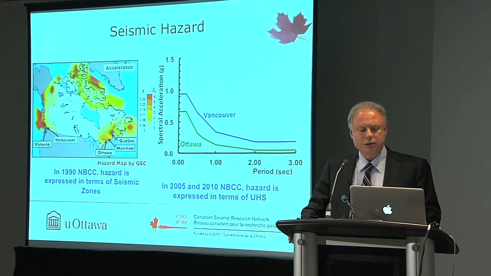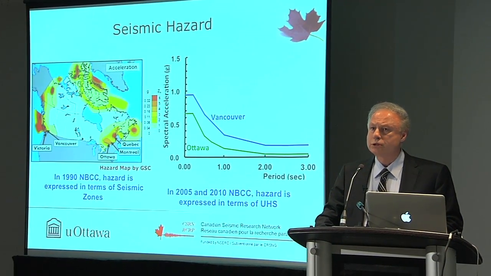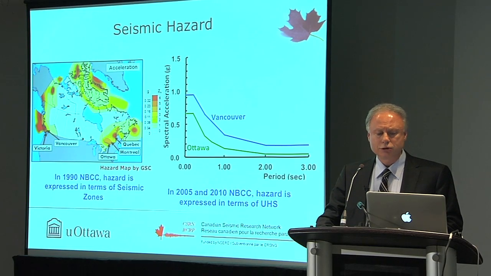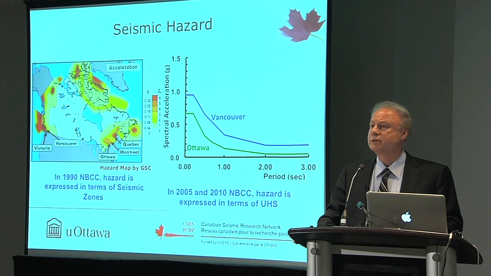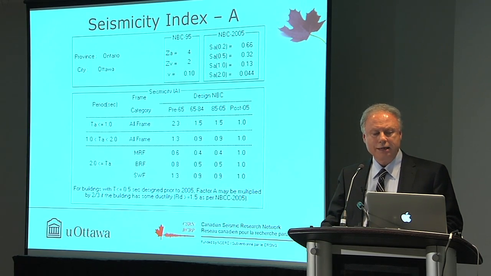A lot has been said this morning, but the old practice was based on seismic zones, and the new practice, as reflected in the 2005 and 2010 National Building Codes, has uniform hazard spectral values for every municipality. In fact, in larger cities, a number of places in a given municipality are used to do a more refined assessment of hazard.